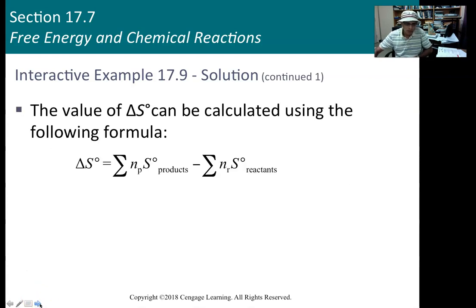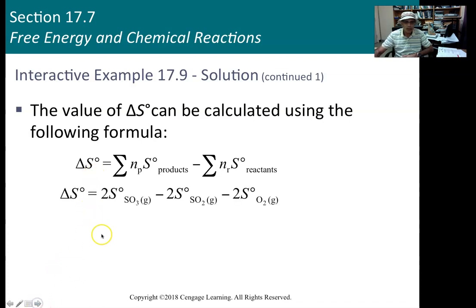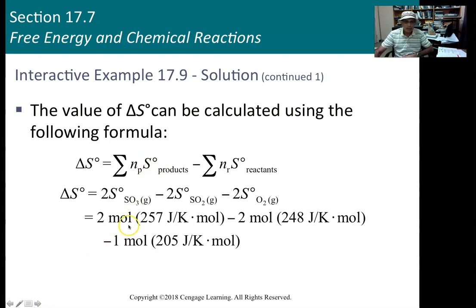The change in entropy, the standard entropy change, can also be calculated using the same Hess's law relationship: the sum of the entropy of the products minus the sum of the entropy of the reactants, multiplied by the coefficients. Bring the data from the previous table and substitute that in.